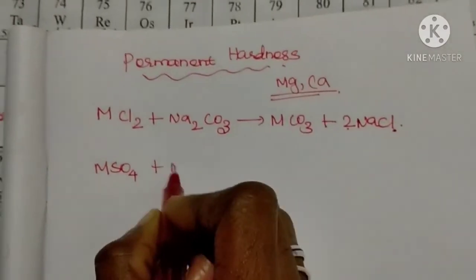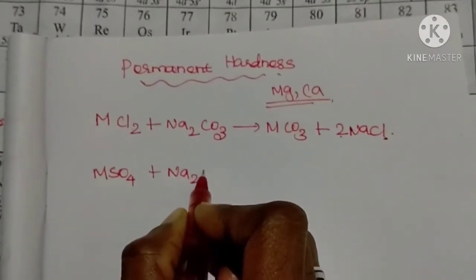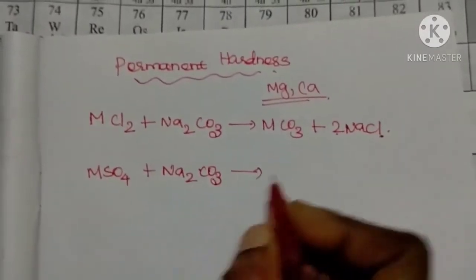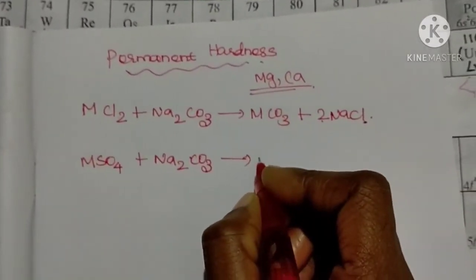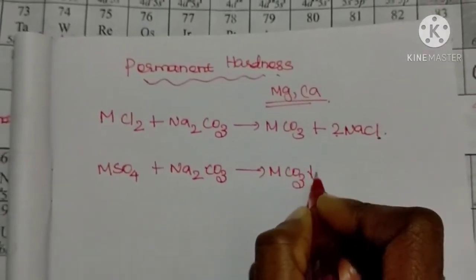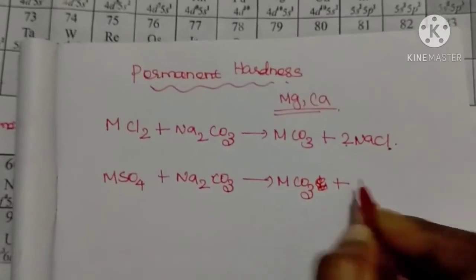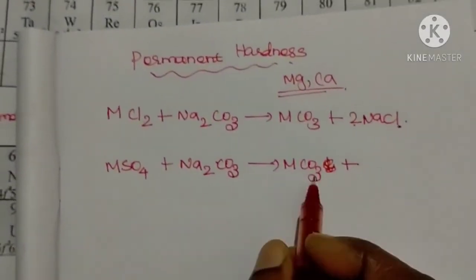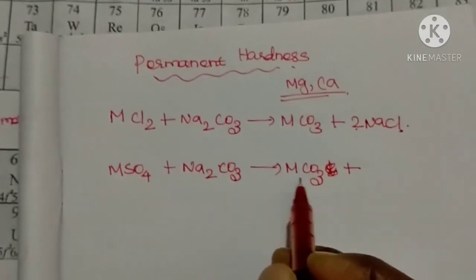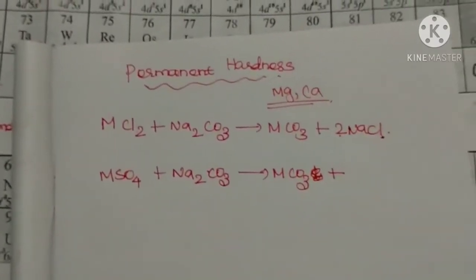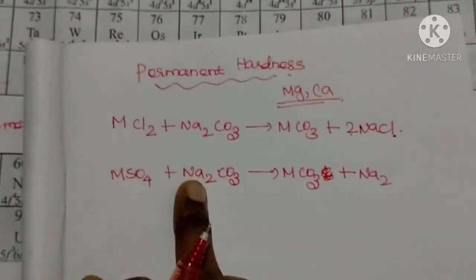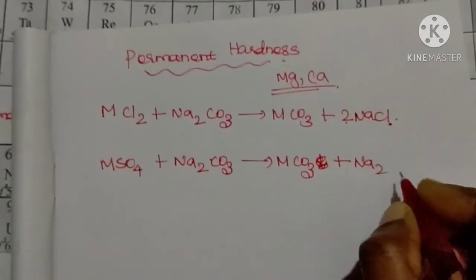The next one is the sulfate of magnesium and calcium, that means magnesium sulfate and calcium sulfate, again treated with washing soda, Na2CO3. The product of this reaction is also the metal carbonate, it may be magnesium carbonate or calcium carbonate.